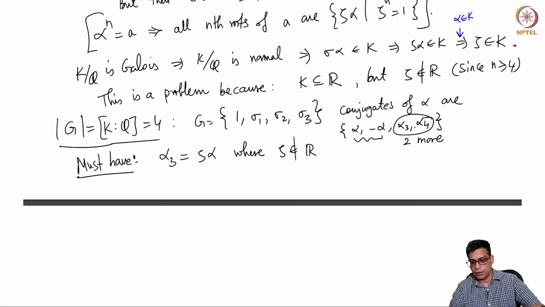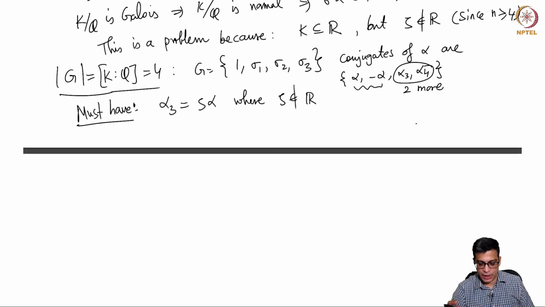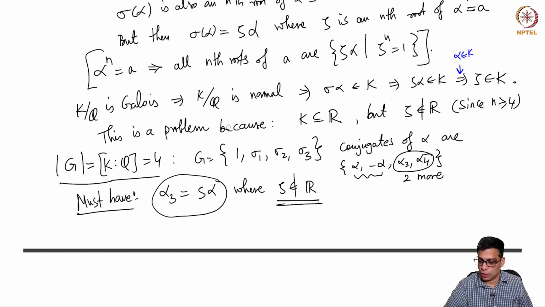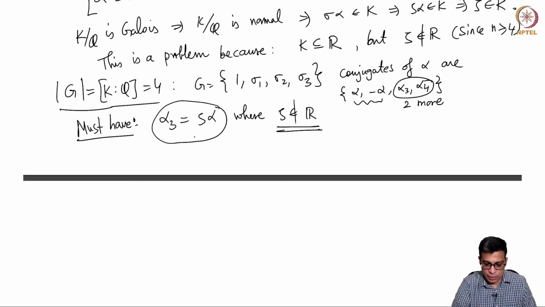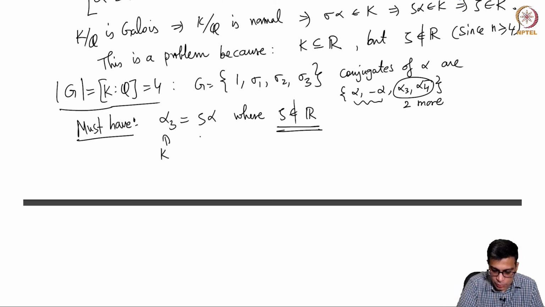So, the third and fourth conjugates of alpha must be some complex non-real root of unity times alpha. So that means, and now we use this argument here, because this is in K, so this implies zeta alpha is in K, but zeta is in K, which is in R. So that's your contradiction, right?